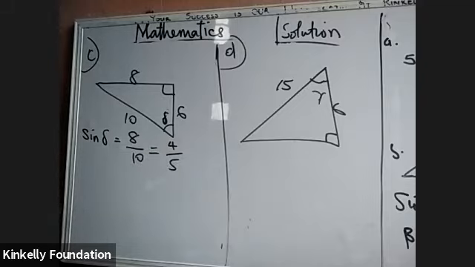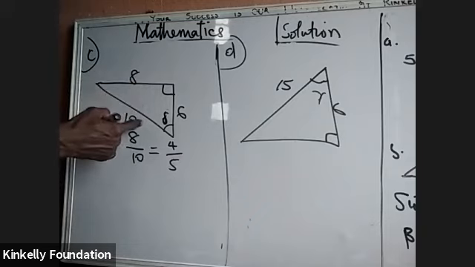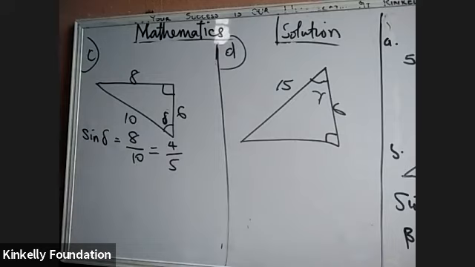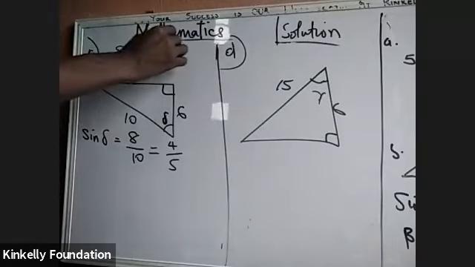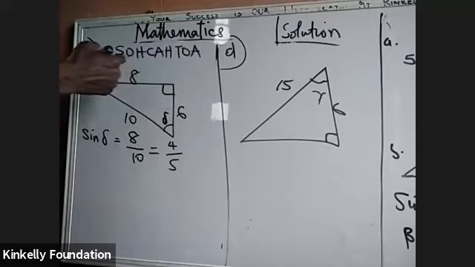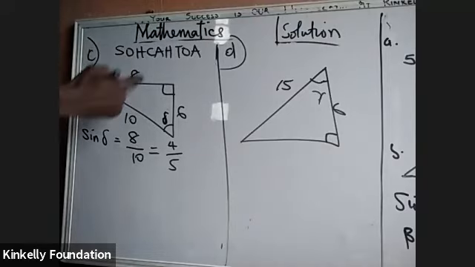Uncle, how will you know when to use 8? Let me see. This is opposite this angle, so opposite and hypotenuse is 8, which is sine. Sine is opposite to the hypotenuse.